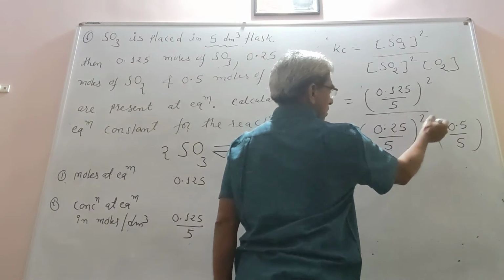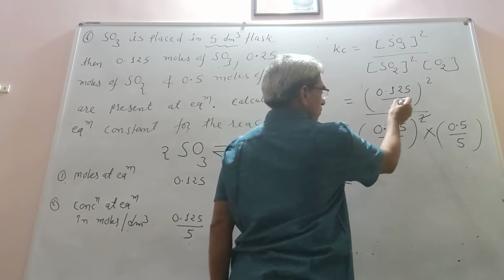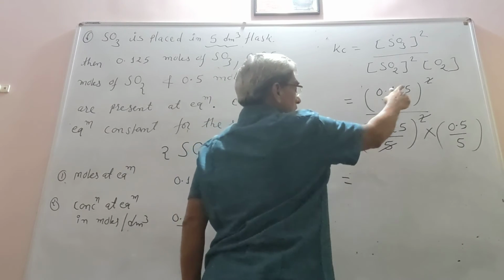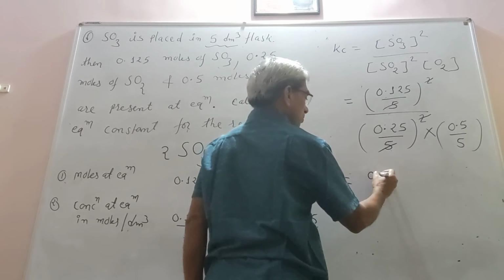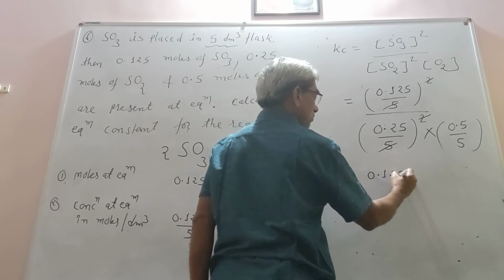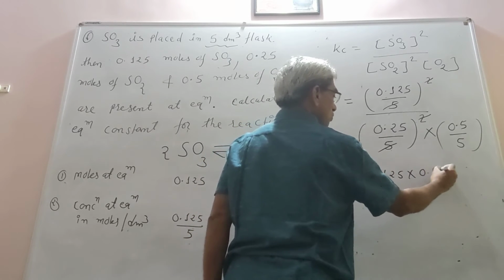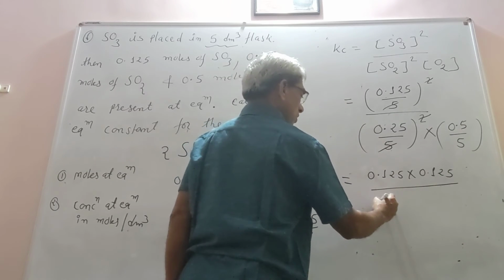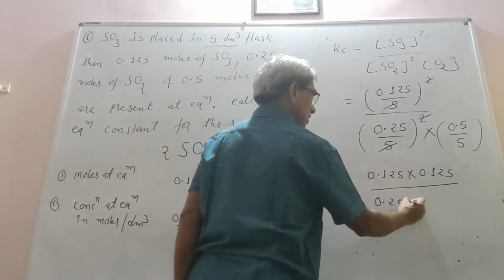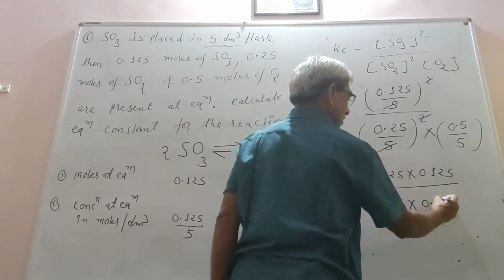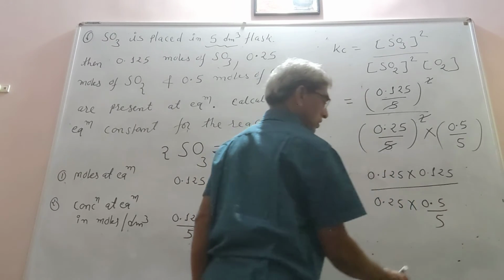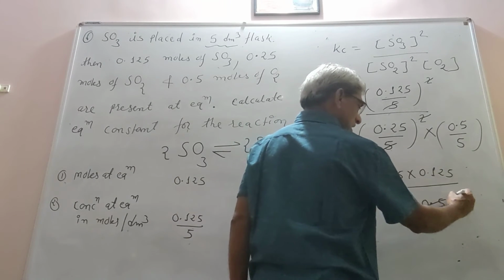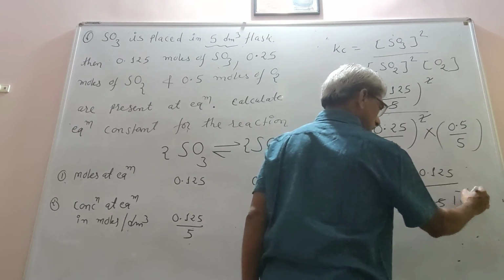Yes, this 5, 5, 5, 5 get cancelled. Then it is equal to 0.125 into 0.125 upon 0.25 into 0.5 divided by 5. This 5 gets cancelled, left 10 raised to minus 1.